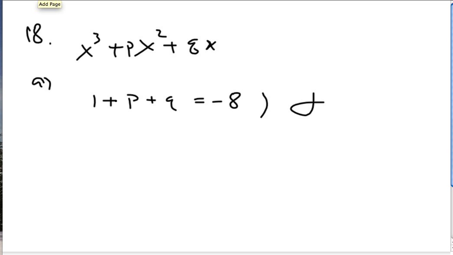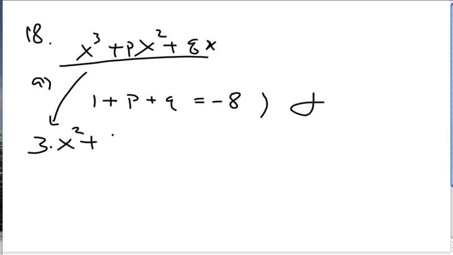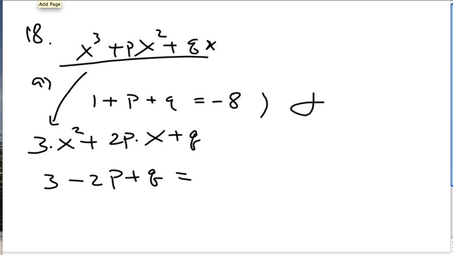Secondly, we calculate the derivative of the original function, which gives us 3x squared minus 2px plus q. When x equals -1, that is 3 minus 2p plus q, which equals 12. We call this beta.